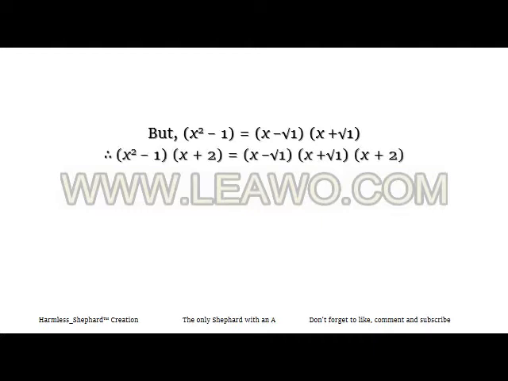We now have this, and by inspection we see that x is equal to 1 or minus 1 or minus 2. So the roots of this equation mean that if you substitute 1, minus 1 or minus 2 into the polynomial, you will get 0.